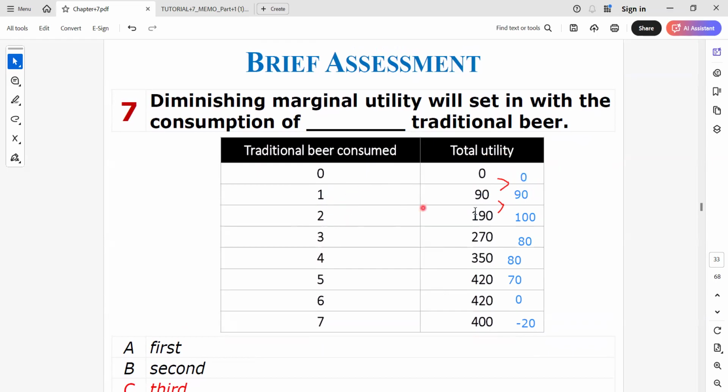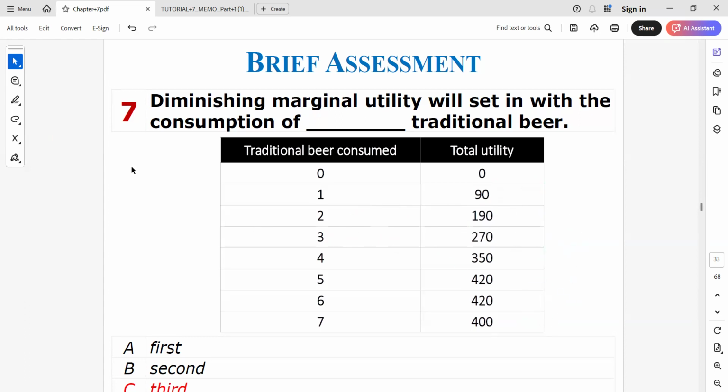When he consumes the first beer, his total utility increased from 0 to 90. When he consumes the second beer, the marginal utility increased from 90 to 100. From the third beer, the marginal utility decreased from 100 to 80. So this is where we're experiencing diminishing marginal utility, from the third beer.